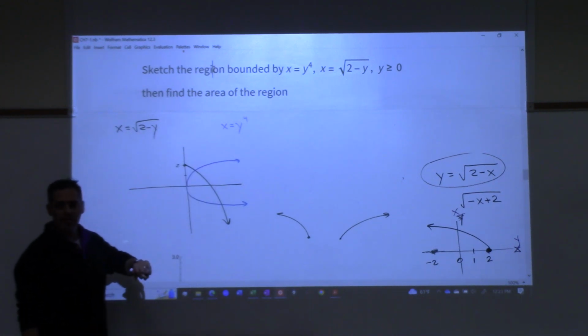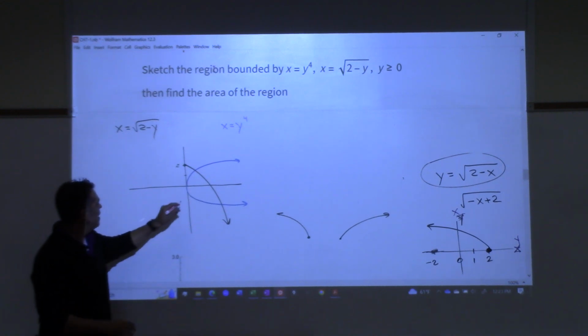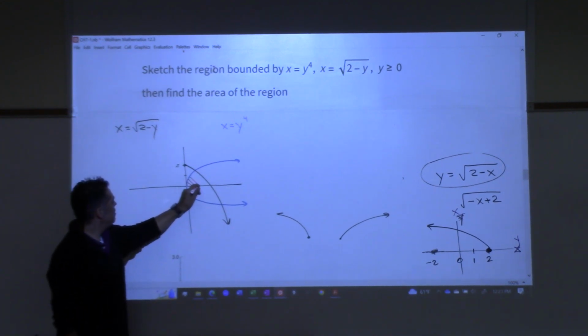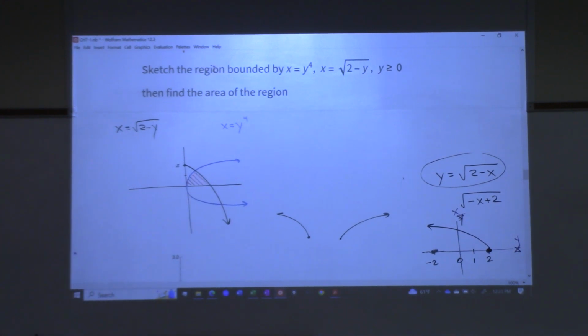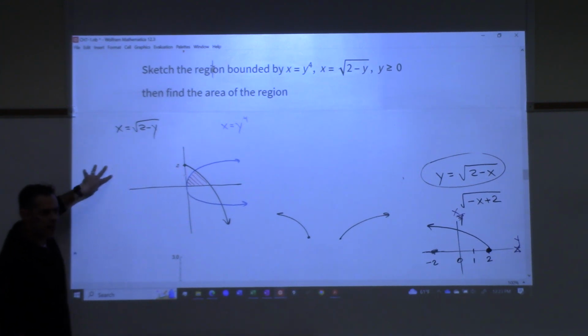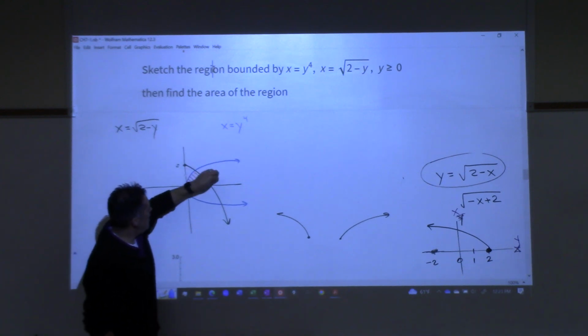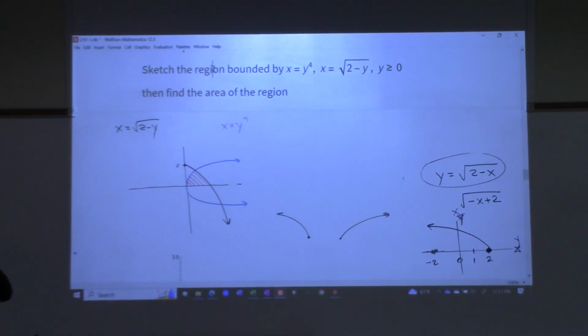There's only one region that's enclosed by both curves and everything above the x-axis, and that's right in there. Do y'all see that this would flood out this way, right? That would flood out. So that's the only thing that's contained by the x-axis.